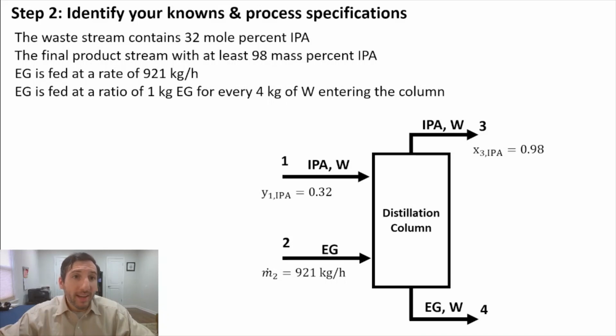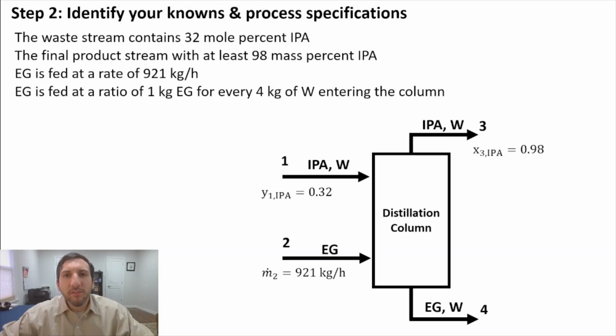We are relating ethylene glycol being fed, so that's stream 2, and it's for every 4 kilograms of water entering the column. The only place where water is entering the column is stream 1. So I'm relating the mass flow rate of stream 2 with the mass flow rate of water in stream 1, so m1 water.